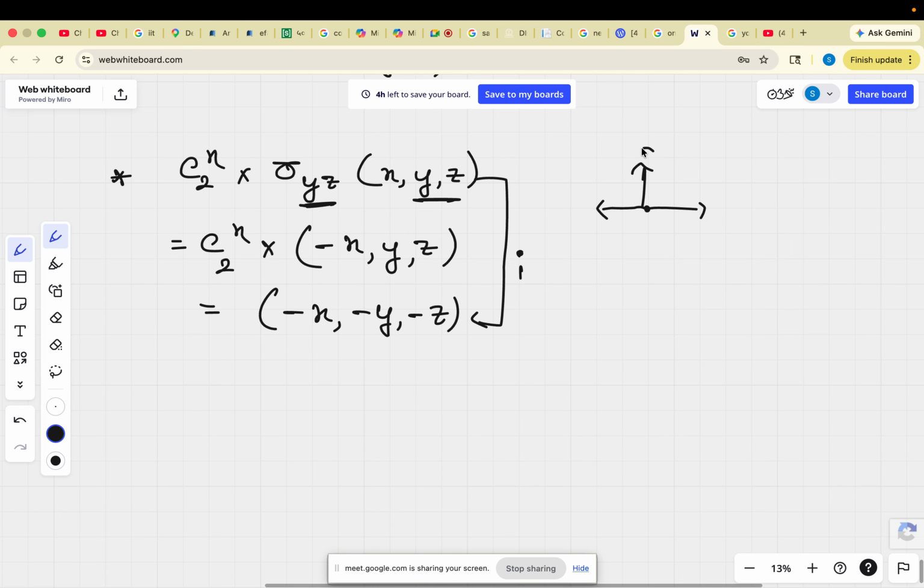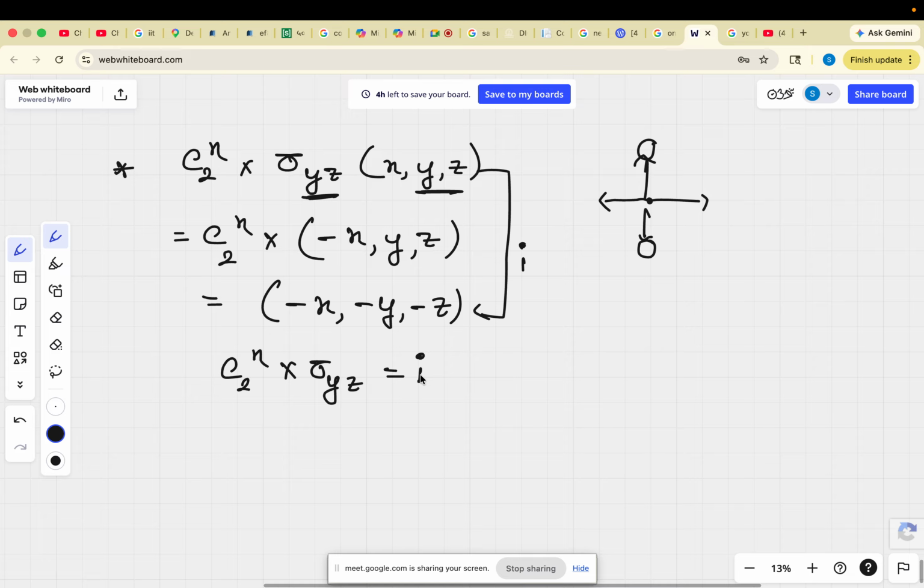Up direction I am getting something, down direction I will also get the same thing. So this is your inversion center. So if from x y z you are getting minus x minus y minus z, this is your I center. So C2x into sigma yz will become equal to your inversion center I.